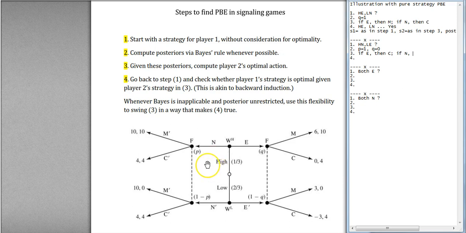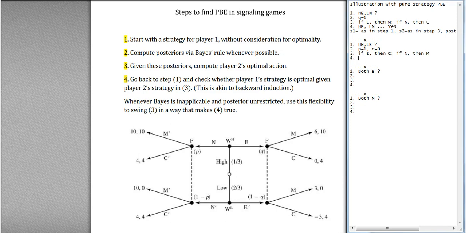And so the firm is going to think that it's over here, and it's going to say, well, if I make the person a manager, I get a 10. If I make it a clerk, I get a 4. Clearly what's best for me, the firm, is to make this person a manager. And so if the person is not educated, then make the job applicant a manager.